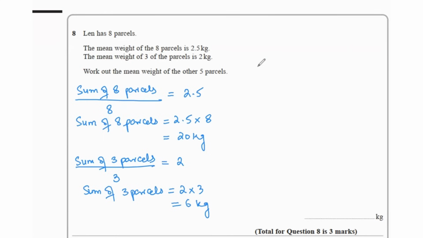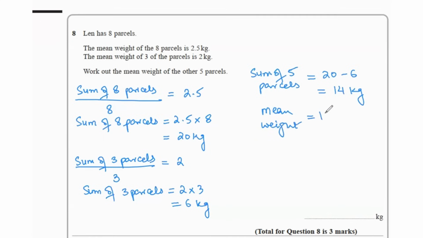So that means the sum of 5 parcels out of those 8 is going to be 20 minus 6, which is 14 kg. This is the sum. So mean weight would be 14 divided by the number of parcels, which is 5, and that gives us 2.8 kg. That is our mean weight.